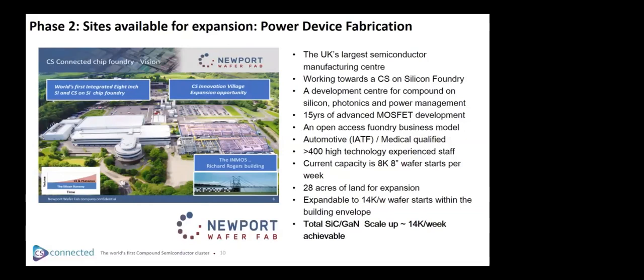The management team are currently working towards a compound on silicon foundry model with an open access foundry business model that is automotive and medical qualified. The current capacity is about 8,000 8-inch wafer starts per week, but the facility has 28 acres of land for expansion, which is expandable to 14,000 wafer starts within the building envelope.